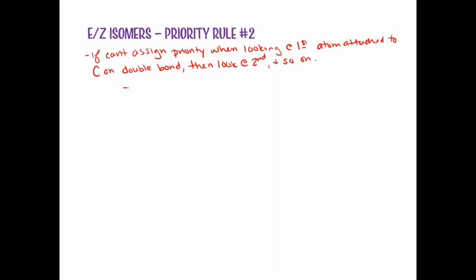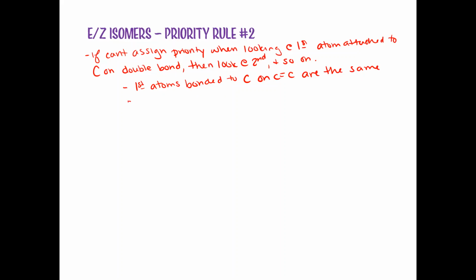That means the first atoms bonded to the carbon on the double bond are the same. So then you look at the second ones, and if those are the same, you go on to the third ones and so forth.